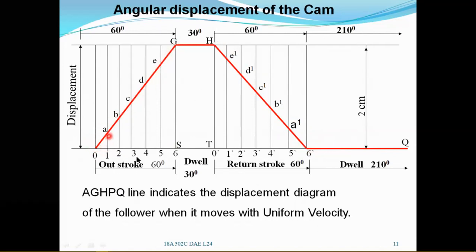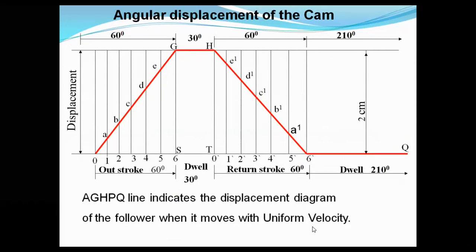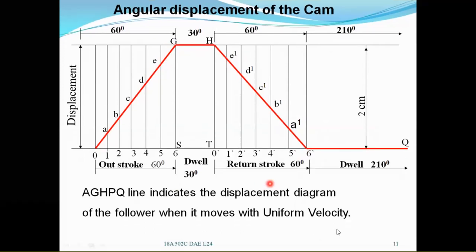The vertical lines intersect this line at various points, which are to be marked on the profile: A, B, C, D, E, and F. Similarly here also: A dash, B dash, C dash, D dash, E dash, and F dash or H. So the AGHPQ line represents the displacement diagram of the follower when it moves with uniform velocity.